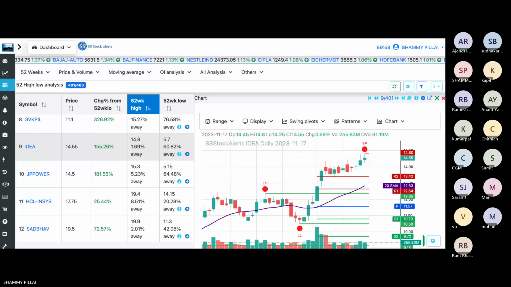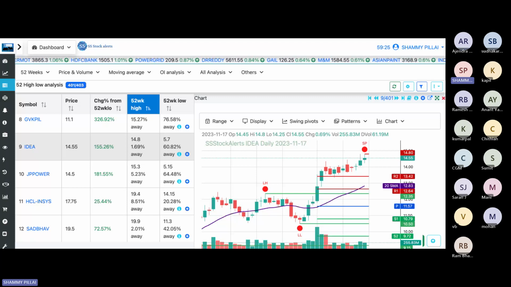Here it should be having volumes. Then only we can confirm that the stock is going to break this range. Otherwise, it is the same double top, double bottom, triple bottom. So this is forming a bottom. Now you can see it is a consolidating box. Neither is it going down, so it can absolutely move up.